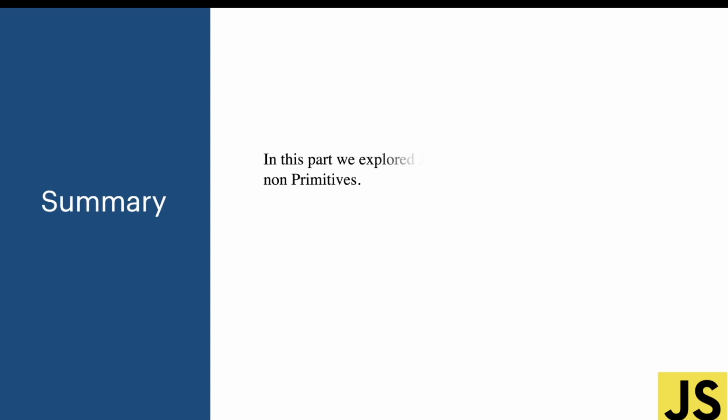Okay. In summary, in this part, we explored JavaScript data types. We looked at the two main categories, which are primitives and objects. And we saw that we have 7 primitive data types in JavaScript, and every other data type is an object. Basically, we have 8 data types in JavaScript: 7 primitives, and objects.